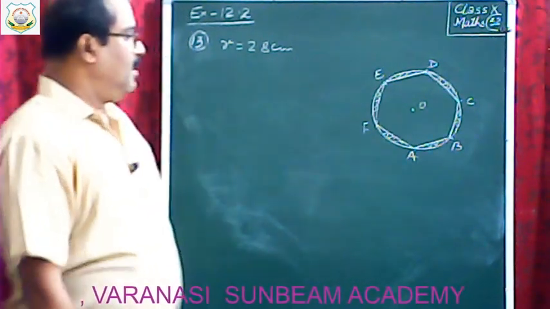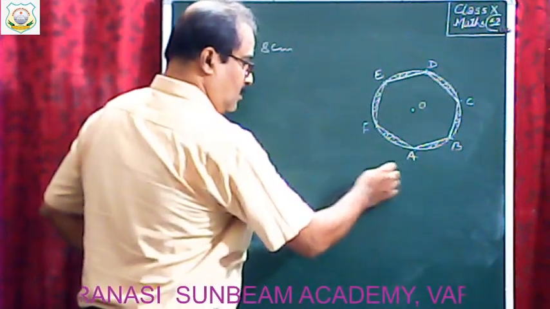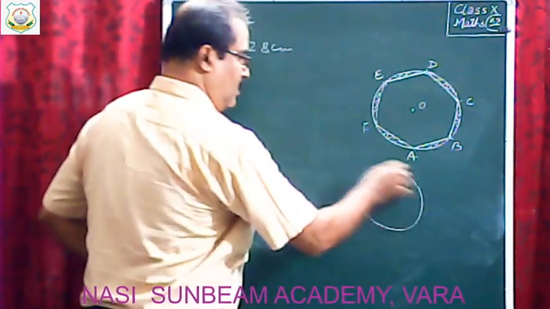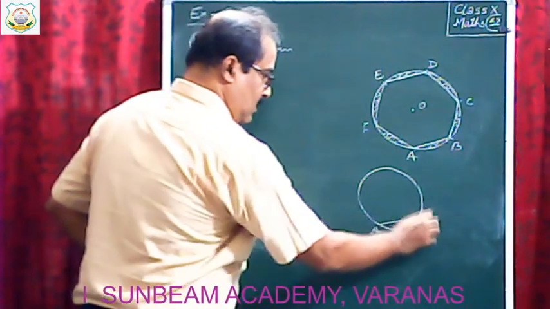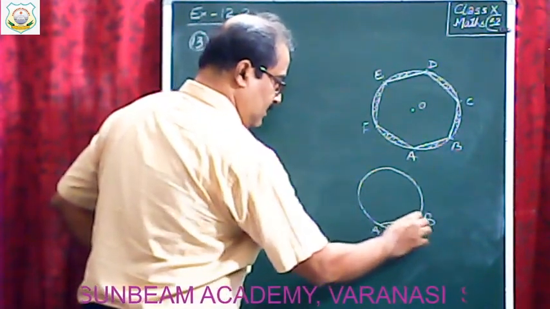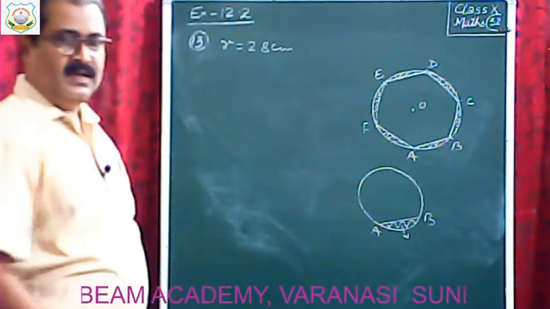We have to identify the shape. Area of one design. Suppose AB is there. AB is a chord. It is design. You have to identify the shape.